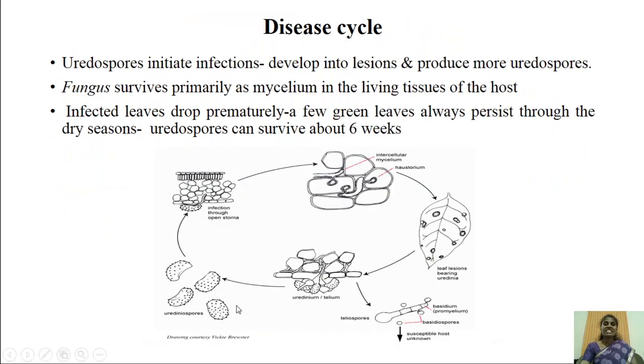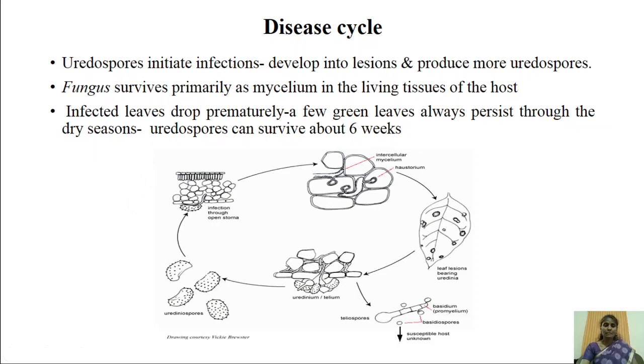Then coming to the disease cycle, I already told you it mainly produces spores called uredospores. These spores are responsible for initiating infections. They develop into lesions and produce more and more uredospores. The fungus survives primarily as mycelium in the living tissue of the host.